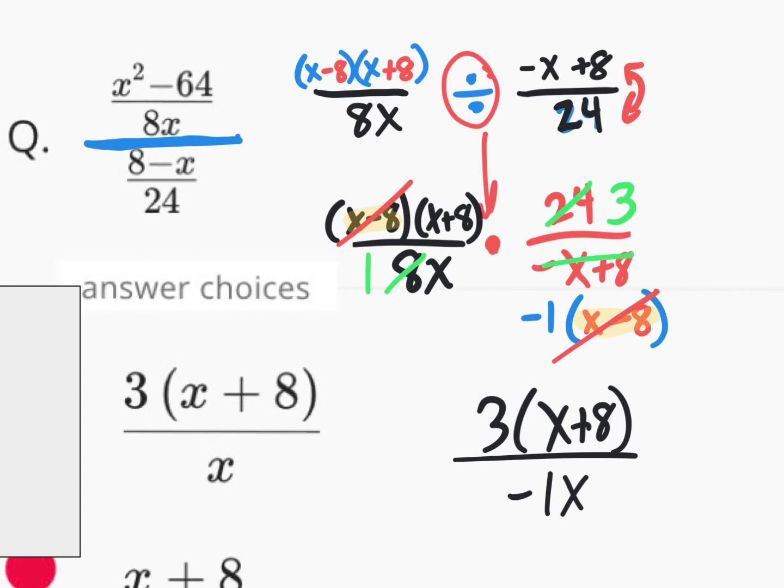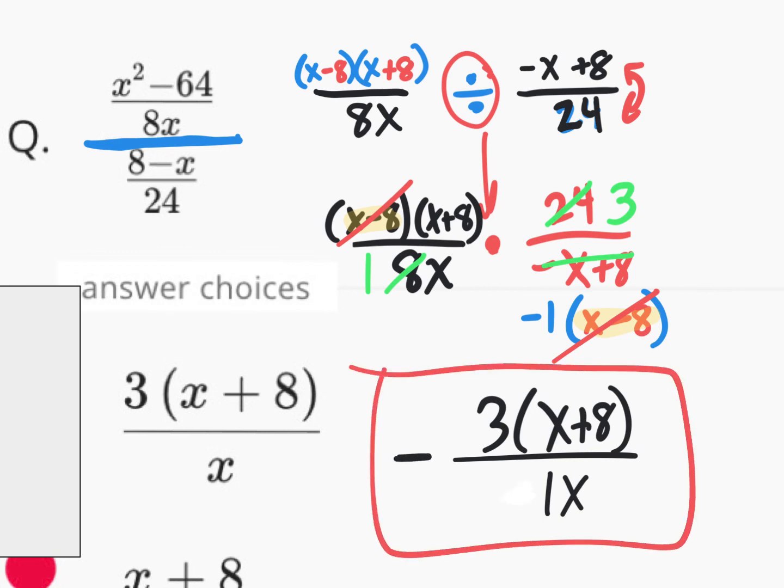I would actually write this answer, I wouldn't leave this negative in the denominator. I would take this negative and put it out here in the front, and I am going to erase the negative on the bottom. This is the best answer right there.